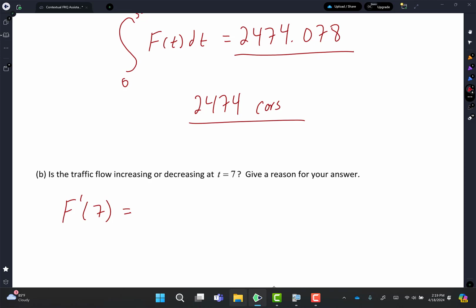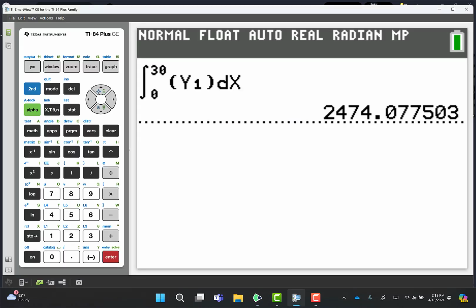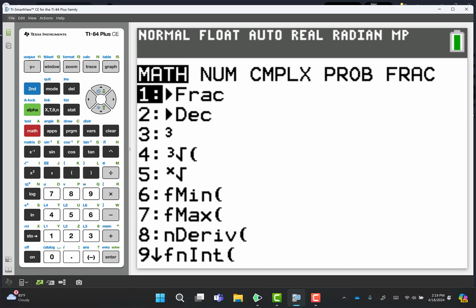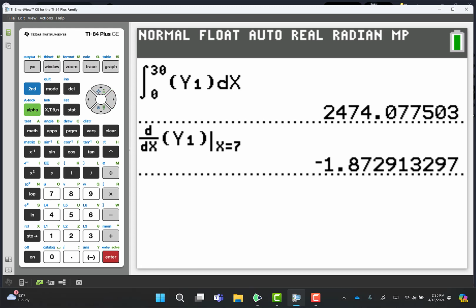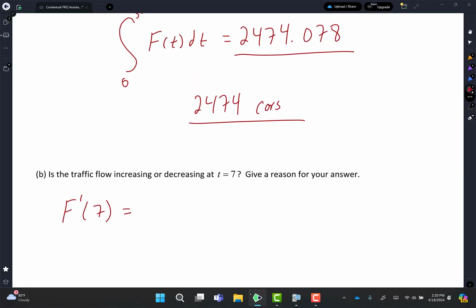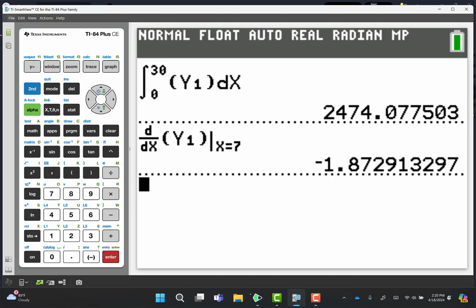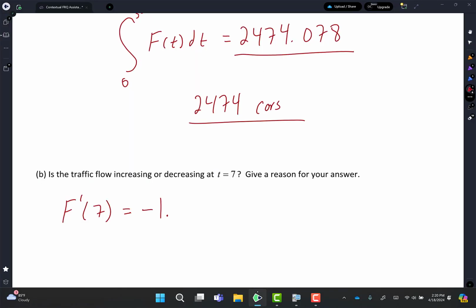So I go to my calculator, and it's already in y1. Let's see, math, number 8, x, alpha trace y1, at x equals 7. I got negative 0.18729. Thank you, guys.